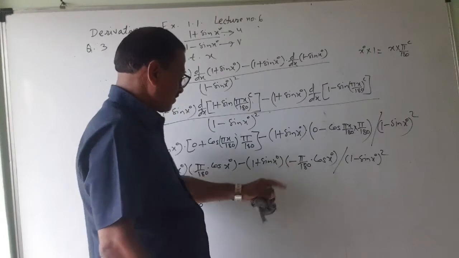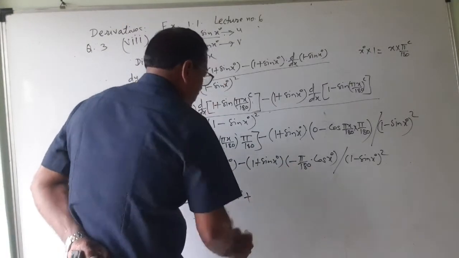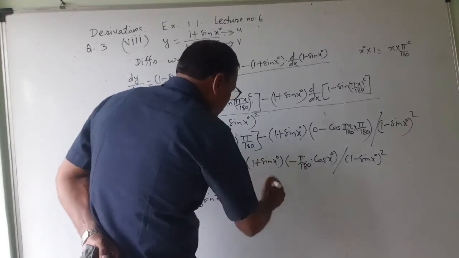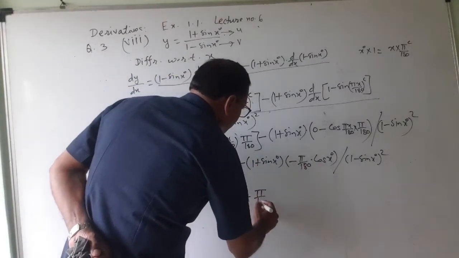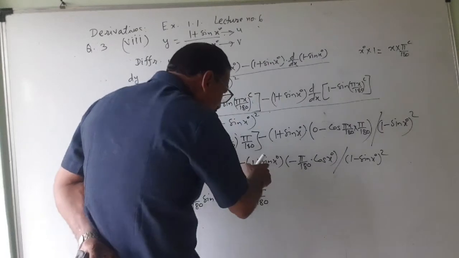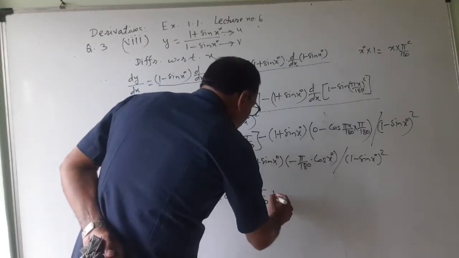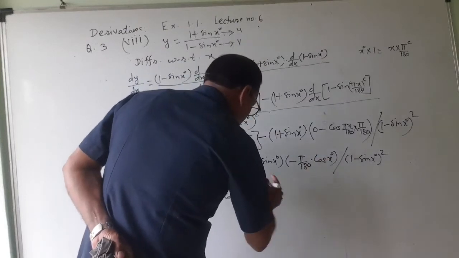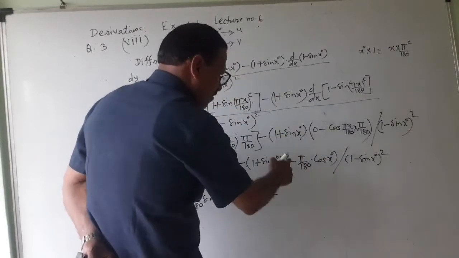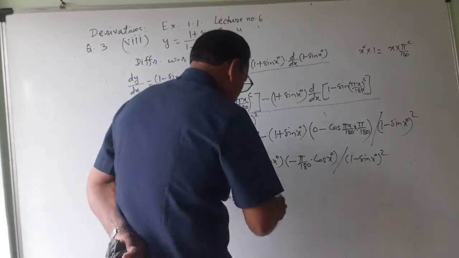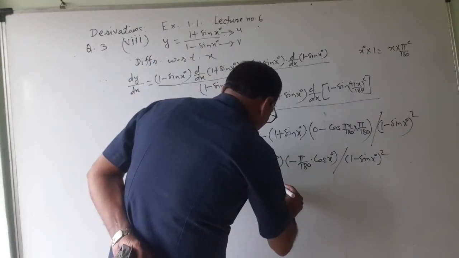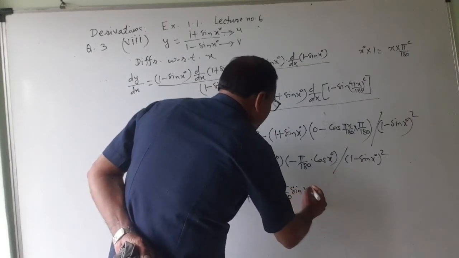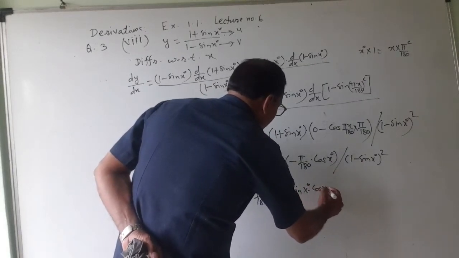This minus and this minus will become plus. Now by 1 plus sin x to this. By 1 first, pi by 180. Now this plus by sine to all this. This minus and minus have already become plus. Don't forget this. So pi by 180 sine of x degree into cos of x degree.